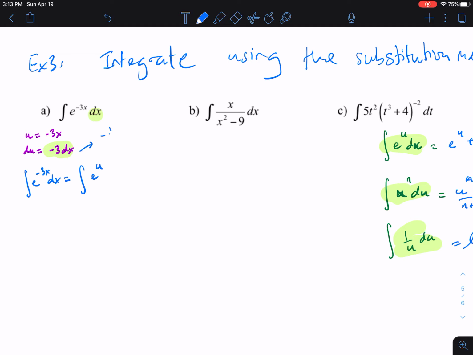If we divide both sides by negative 3, we have dx equal to minus 1/3 du. So now this dx here is going to get replaced by negative 1/3 du.